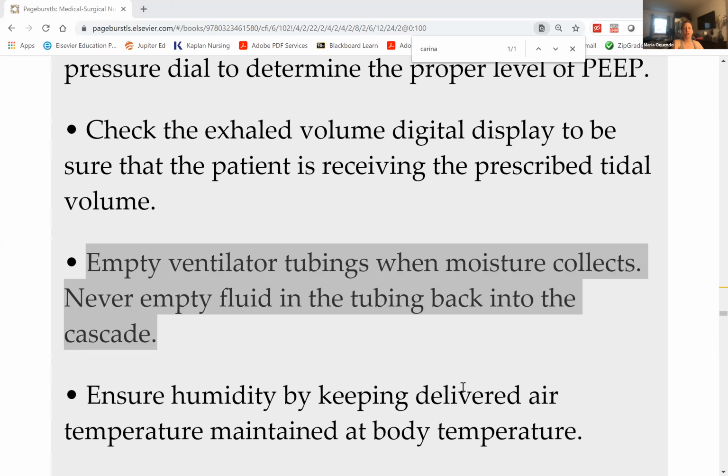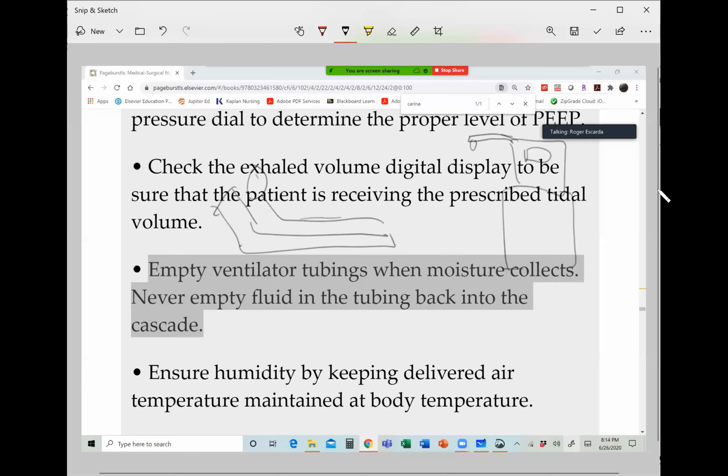So this is the vent, and these are the circuits.